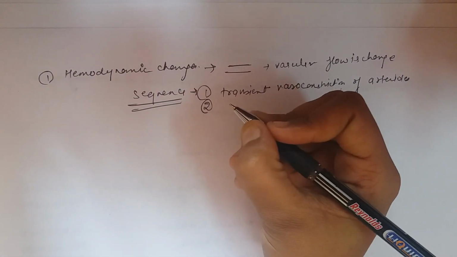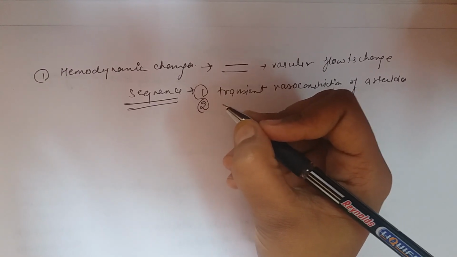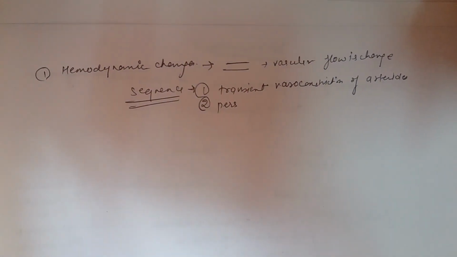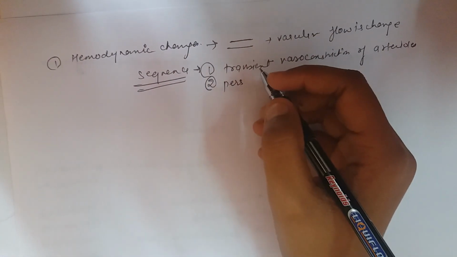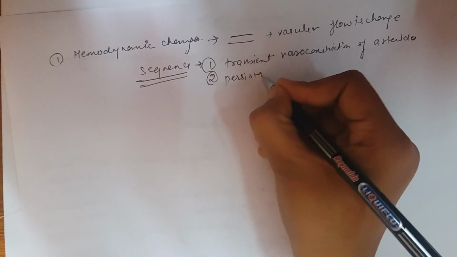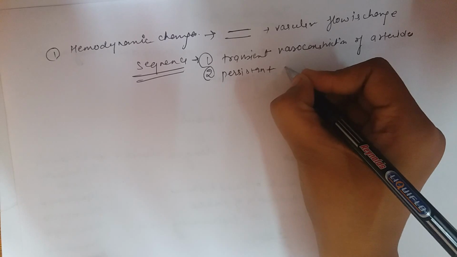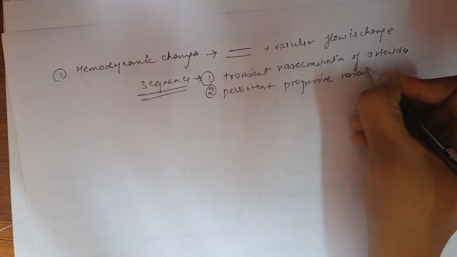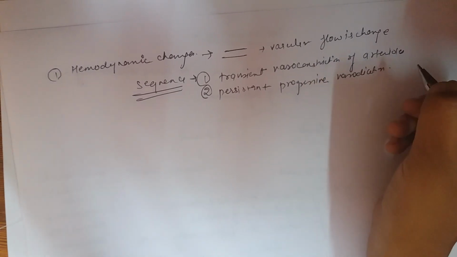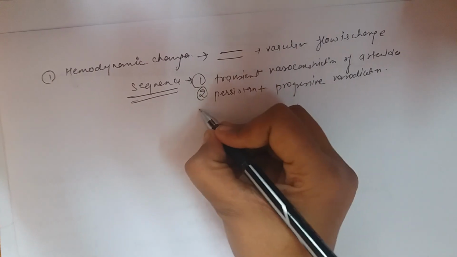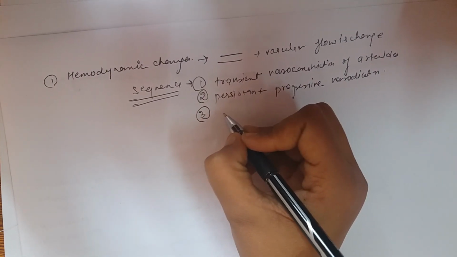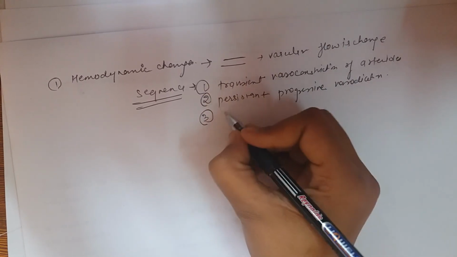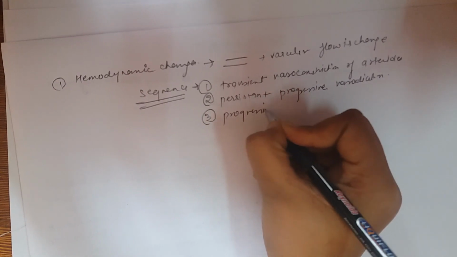Second is persistent progressive vasodilation. Third, progressive vasodilation in turn may increase the local hydrostatic pressure.